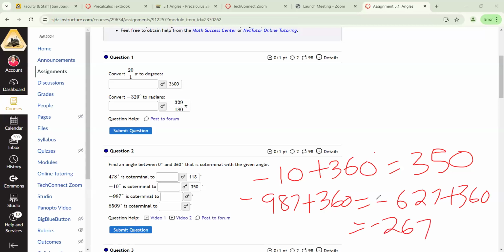And then I add another 360. And that would give me 93 degrees. And that 93 should be the answer here for that one. Let me know if a question, thought, wonder comes to your mind for coterminal angles.